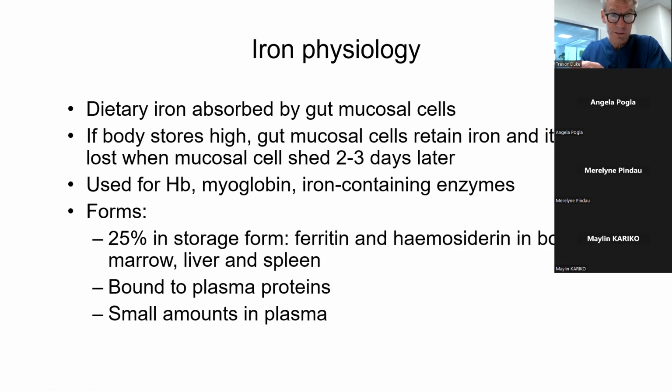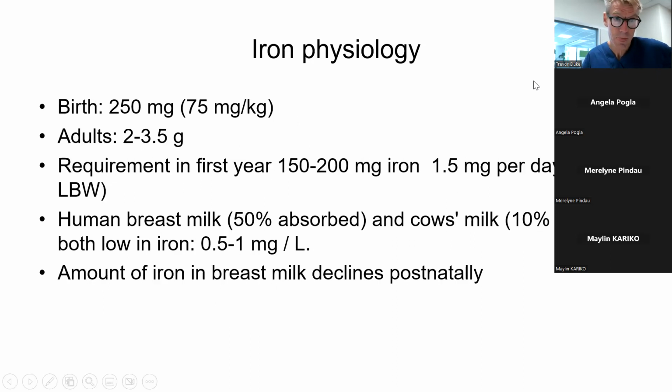So from the ferritin and the total iron binding capacity and the serum iron itself, you can usually get a good idea whether the child's iron deficient. But if you can't do iron studies, the ways I showed you before, looking at the hemoglobin, the MCV, the red cell distribution width, and the RBC, and reticulocytes, if you can do it, is a good way to diagnose iron deficiency.